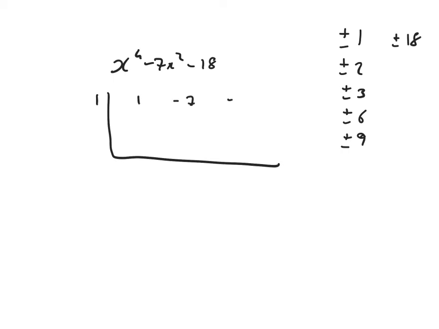Now, it's tempting to put down my coefficients as being 1, minus 7, minus 18. That seems like the obvious thing to do. We need to be careful with an example like this. In between the power 4 and the power 2, there is an x cubed term. It just so happens that it's 0x cubed. And in between the x squared and the constant, there's an x term, but that's a 0x term.